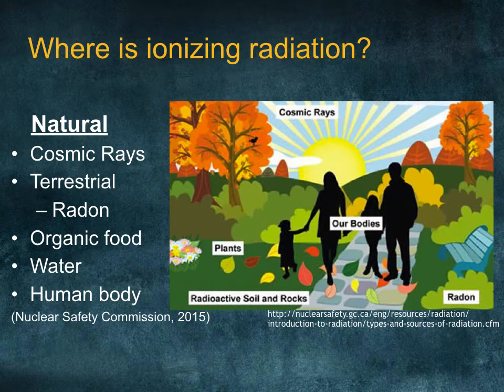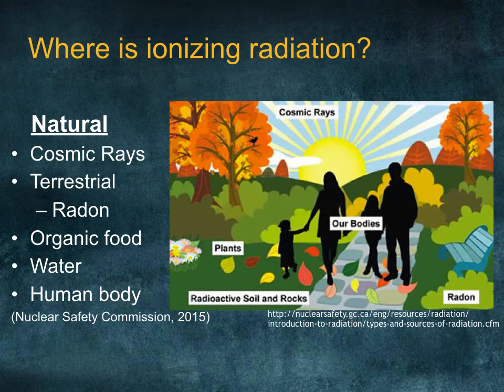Another natural source of ionizing radiation is terrestrial radiation. The one environmentalists are most familiar with is radiation exposure from radon. Radon is a natural product of uranium decay. The Earth's crust naturally has large deposits of uranium, so radon is everywhere. That is why most homes are tested for radon levels to prevent overexposure.